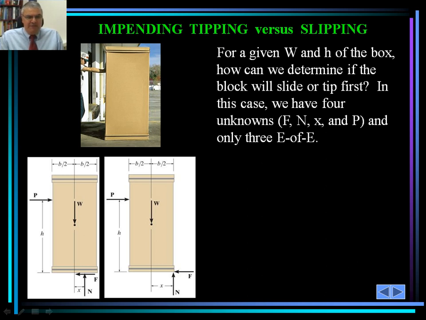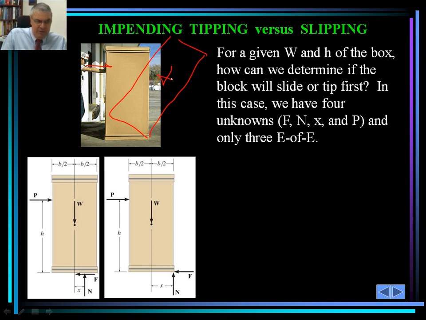Remember that if somebody is trying to push this object the way it's shown, if they apply a force suddenly, they may make this object tip. So it may simply tip the object about this point and make it fall. Now we don't want that to occur.